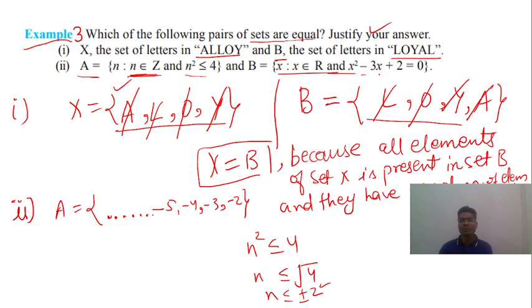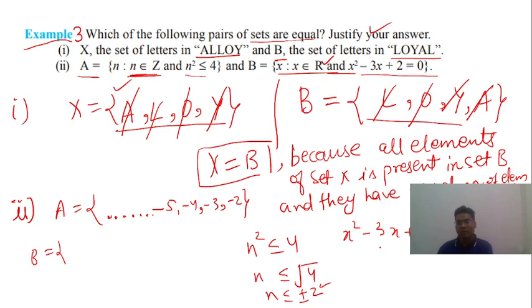Now we are going to solve the set B, as B is equals to, we will have to solve this equation. X square minus 3x plus 2 is equals to 0. Then we write, so R here is a real number, X is a real number, so anything can be solved here.